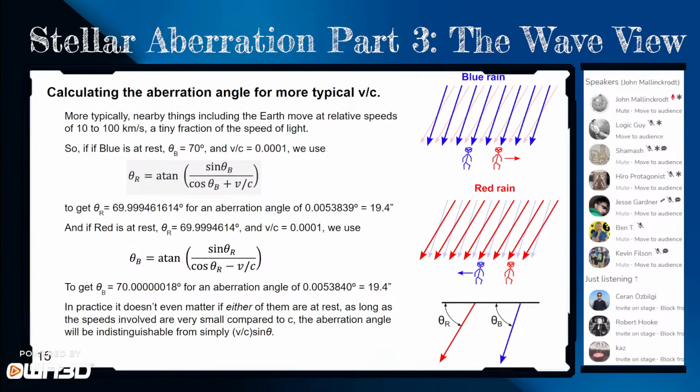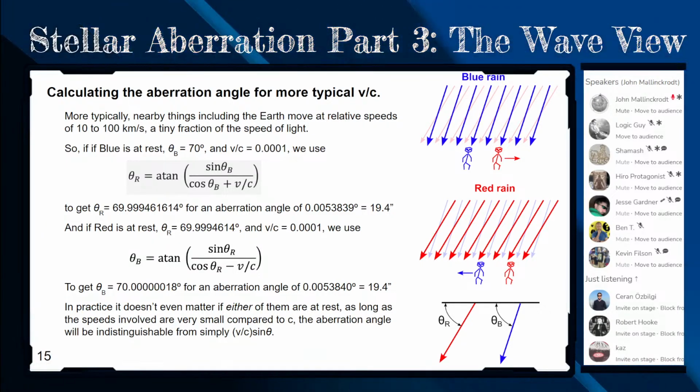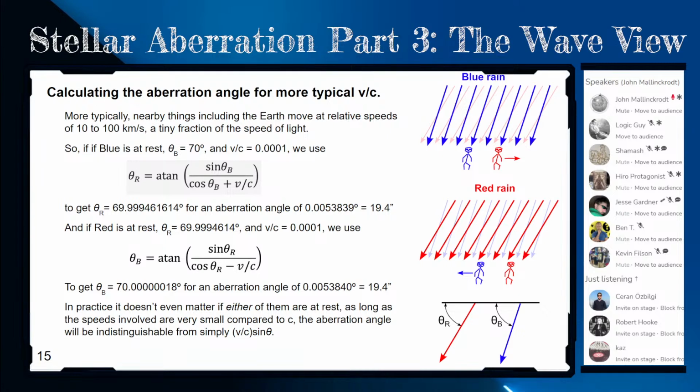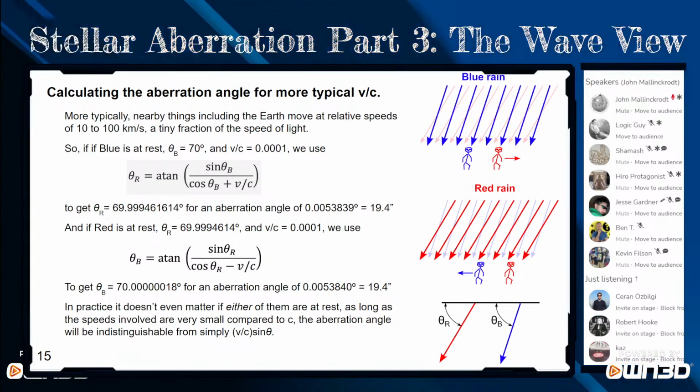When I say you, I don't care if you're the red person or the blue, just take the sine of whatever that angle is and multiply it by the relative speed of the other observer divided by c. That is the aberration angle. Nobody has ever observed an aberration angle that differs from that simple calculation. The actual formula for all practical purposes is just v over c times sine theta.